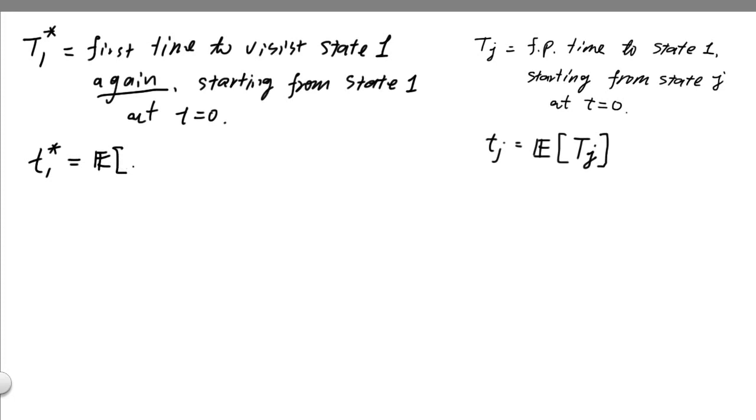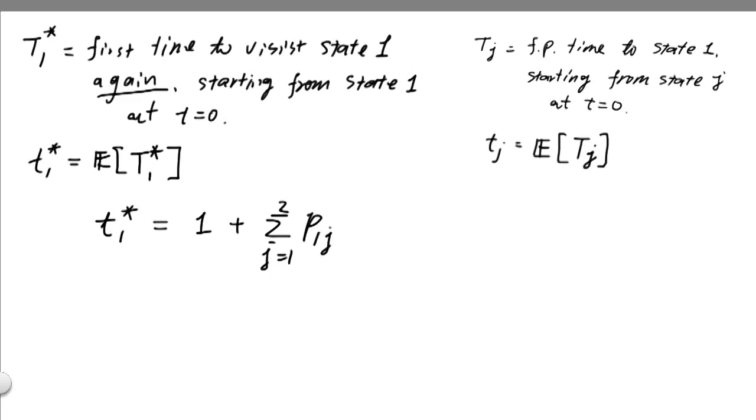Define little t1 star as the expected value of big T1 star, and we'll be using the same recurrence trick through the following equation. We say that T1 star is equal to 1 plus the sum over j from 1 to 2 of P1j tj, since we started from state 1. Again, the interpretation is we started at state 1 at time t equals 0.